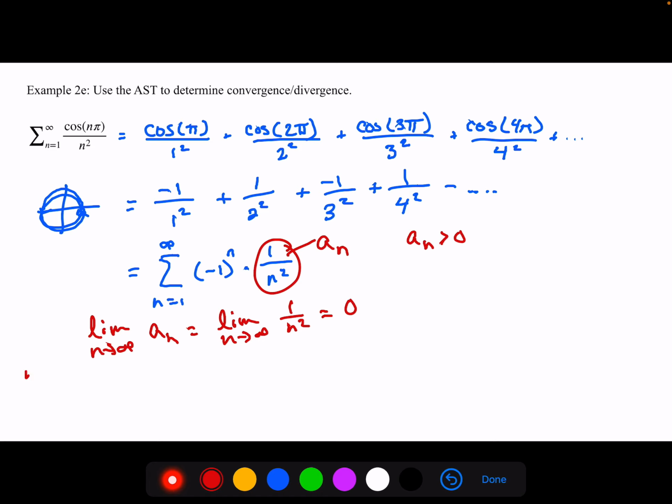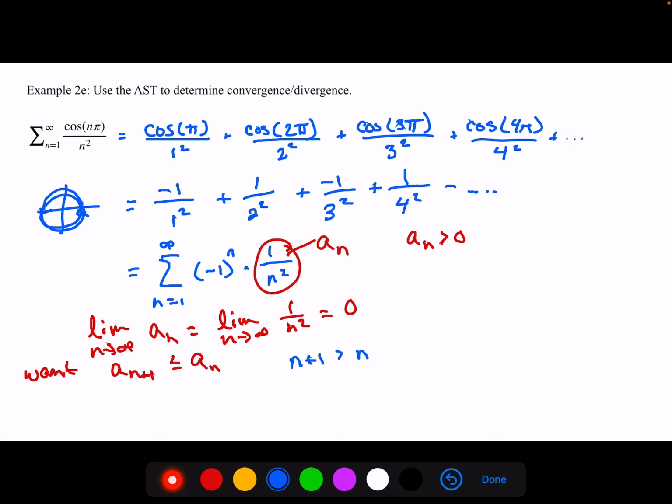And then we want also for a sub n plus 1 to be less than or equal to a sub n. Well, if we think about this, we know that n plus 1 is greater than or equal to n, always. In fact, it's greater than n. We don't even have an equal sign here.